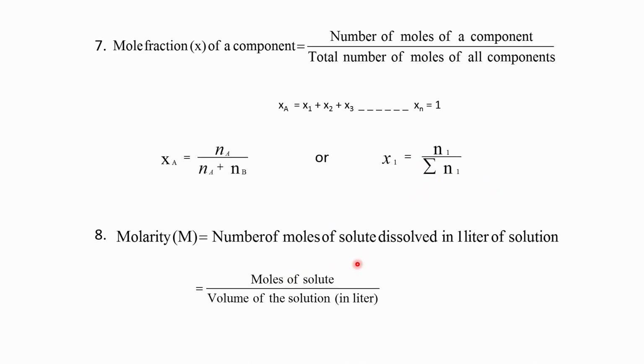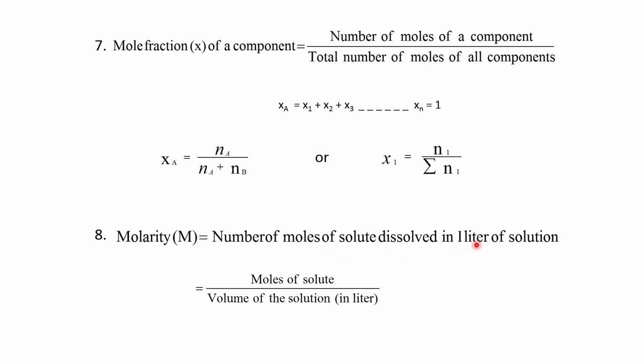So, we also have another one, that is molarity. Molarity is the number of moles of the solute dissolved in 1 liter of the solution. So, what is a mole? It is the molecular weight of a substance in grams. So, if I take sodium chloride, sodium has atomic weight 23 and chlorine is 35.